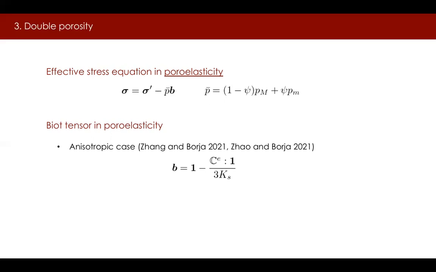This expression is true for triclinic, monoclinic, orthotropic, transversely isotropic, and isotropic systems. For isotropic systems, the Biot tensor reduces to the form derived by Borja and Koliji, where K bar is the drained bulk modulus of the solid skeleton and alpha is the well-known Biot coefficient.